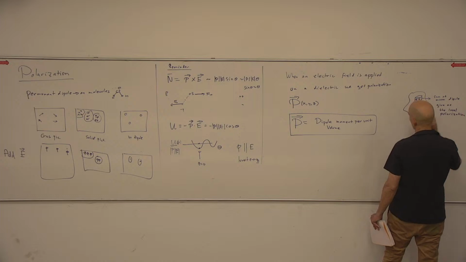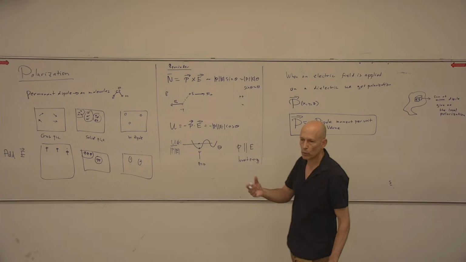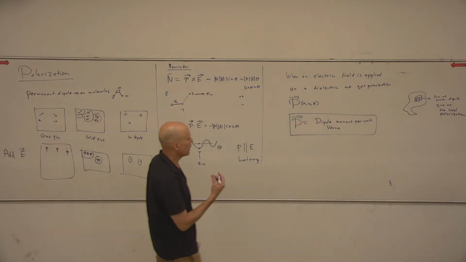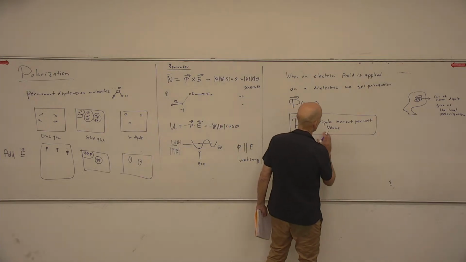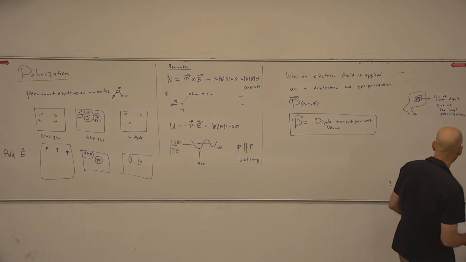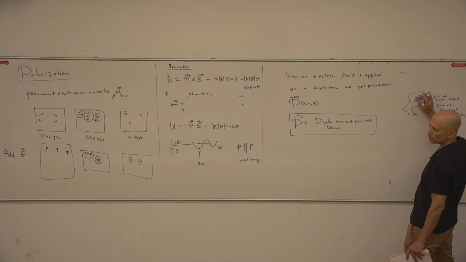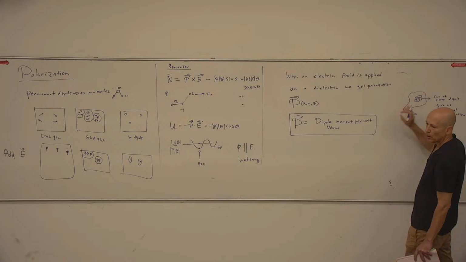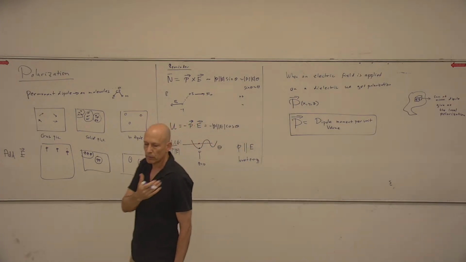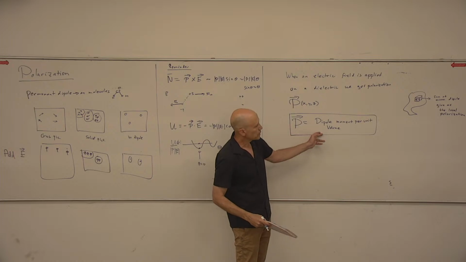Of course, let's say all of them are in one direction. The bigger the box, the more you have. So it's the density of these dipoles per unit volume, and this is the field. One way to think about it: if I measure the dipole somewhere on this spot, and I average over all the microscopic dipoles, I'll get this effective dipole, which is this capital P, but again, per unit volume.